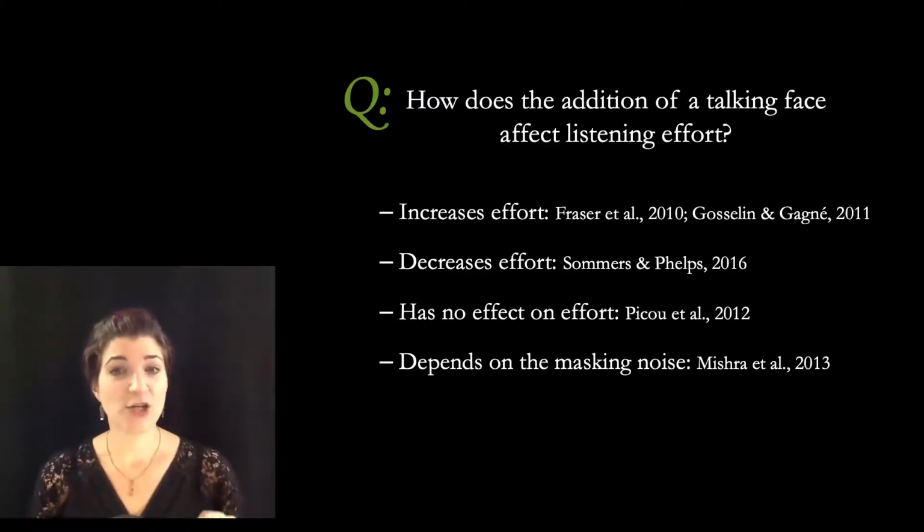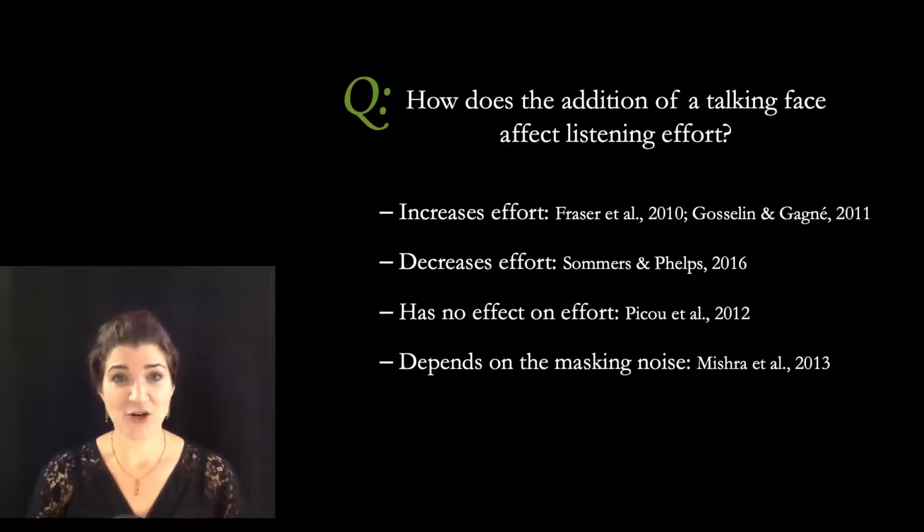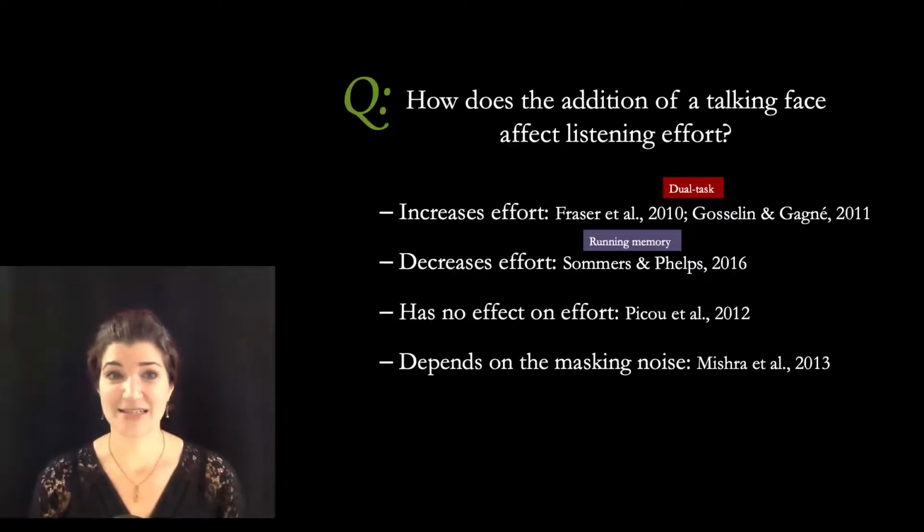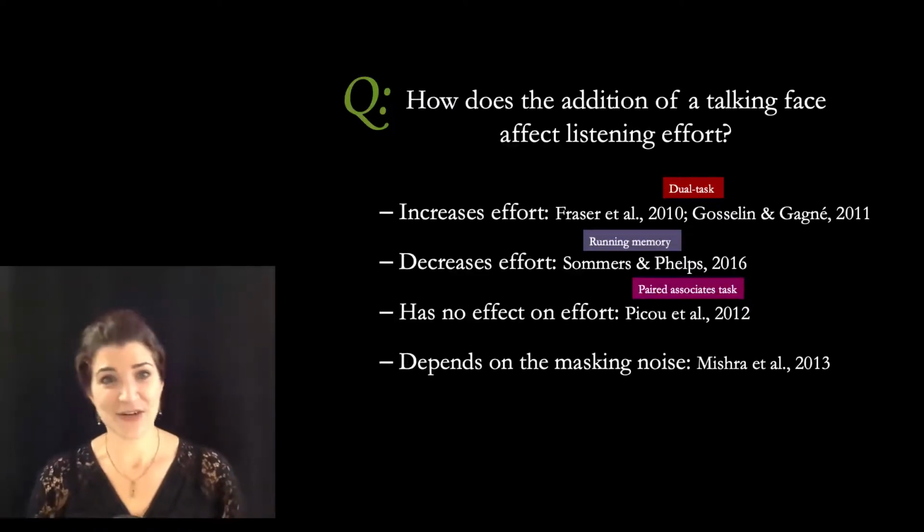But when my students and I noticed this pattern in the literature and started to dig deeper, we realized that the studies that had shown conflicting results had actually used different tasks to measure listening effort. So the studies that showed that seeing a face increases effort, those tended to be dual task measures. The ones that decrease effort, those tend to be recall tasks. Those that have no effect, it's a different kind of recall task.